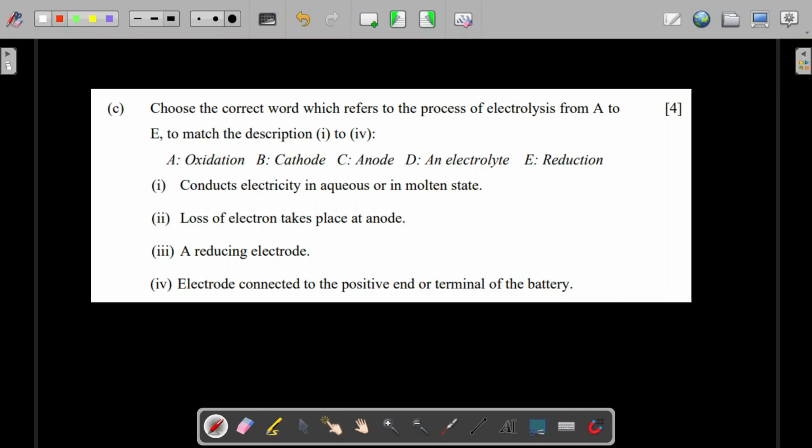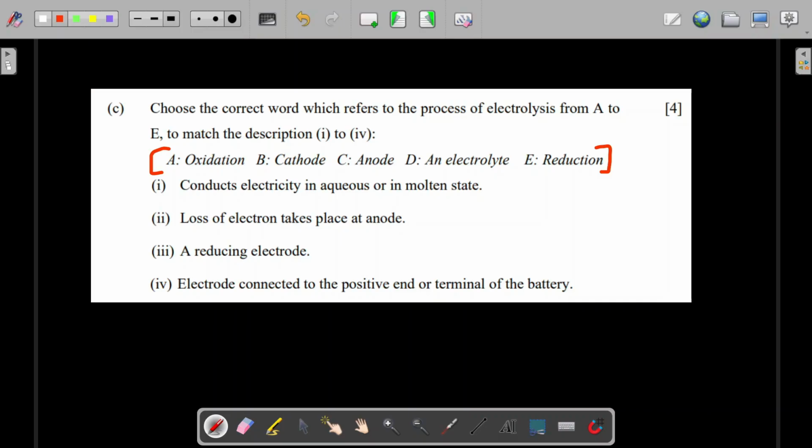Darshwana, can you read the question, please? Yes, sir. Choose the correct word which refers to the process of electrolysis from A to E to match the description from 1 to 4. So these are some words they have given. You have to match only these with four options. Okay. So what will be the answer for the first one? Should I say D, an electrolyte?